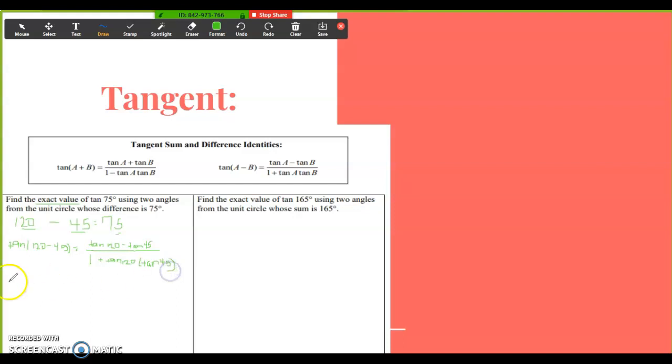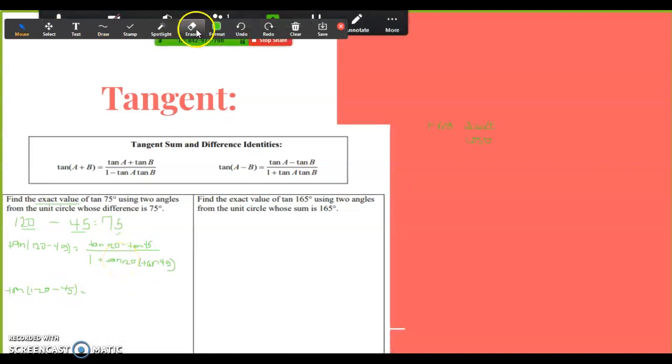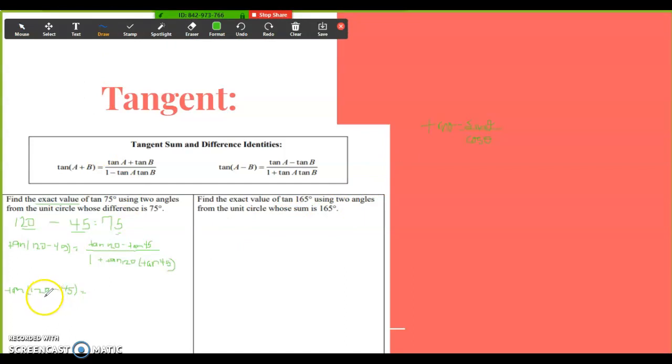From here, I'm going to substitute, and we know these values now. So I hope that you're not really having to refer back to your unit circle because we've seen these values quite a bit. I know that the reference angle for 120 is 60 degrees, so it's going to have the same tangent value as 60 degrees. The only thing that's going to be different is that the cosine is going to be negative because 120 is in quadrant 2.